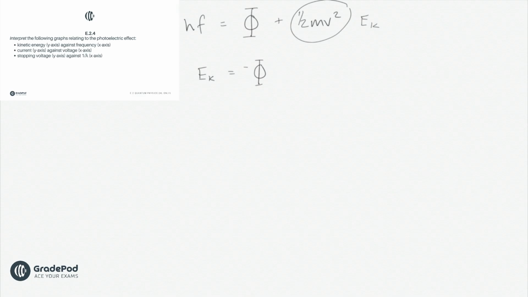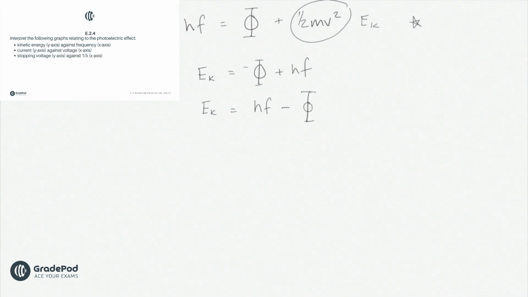I've jumped to my sketchy notepad and I want to take this idea of hf equals the work function plus kinetic energy a little bit further. Let's rearrange that slightly. Let's call that EK first of all to make it a bit simpler. So let's say EK is equal to hf minus the work function.